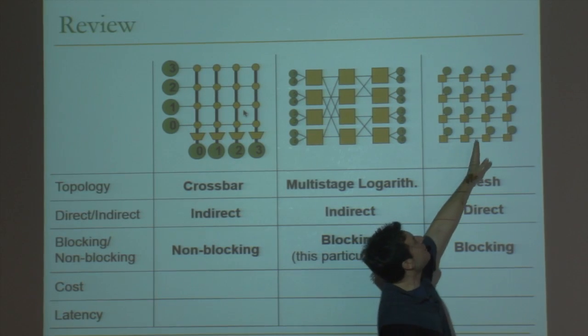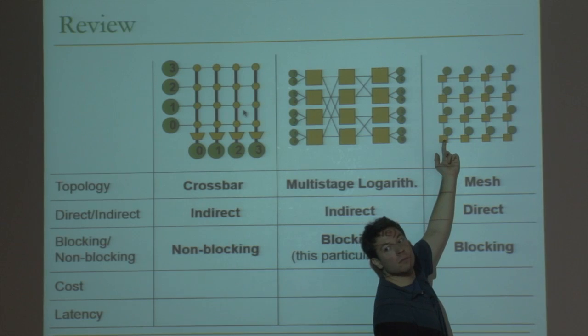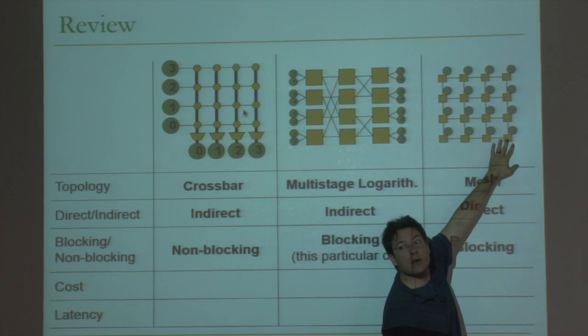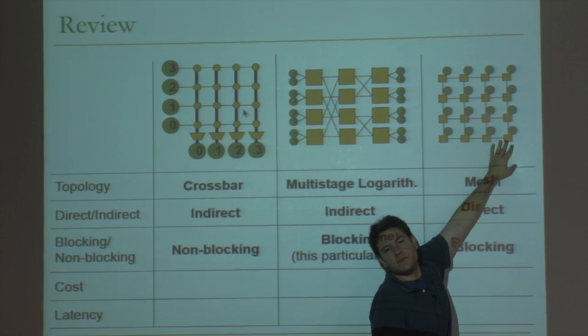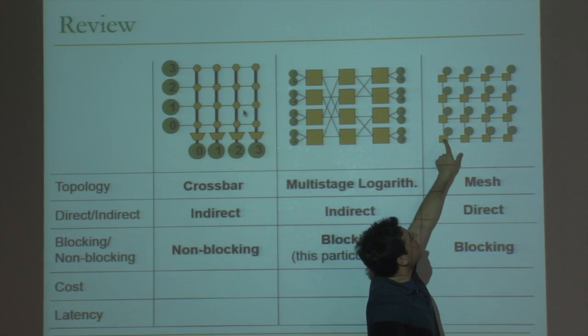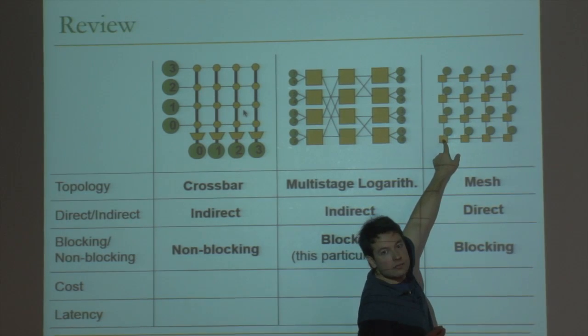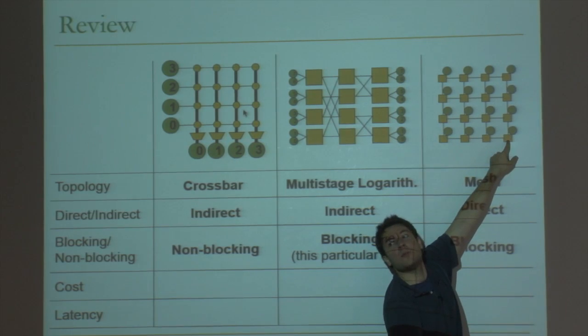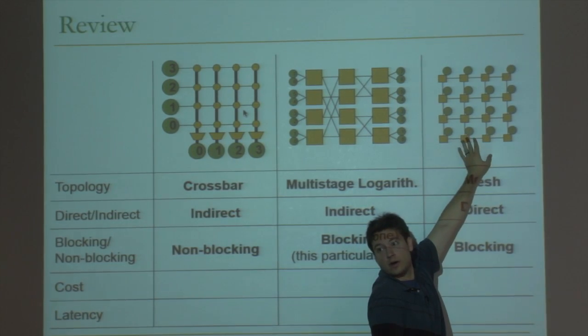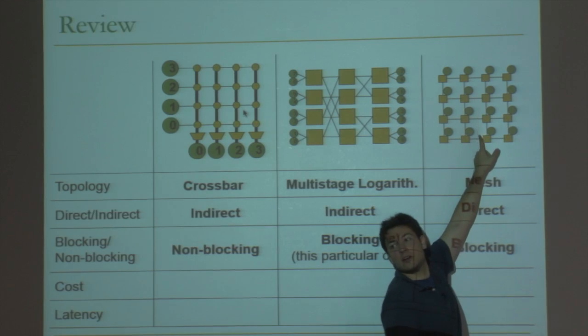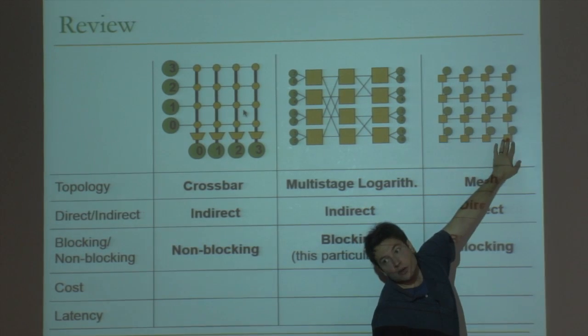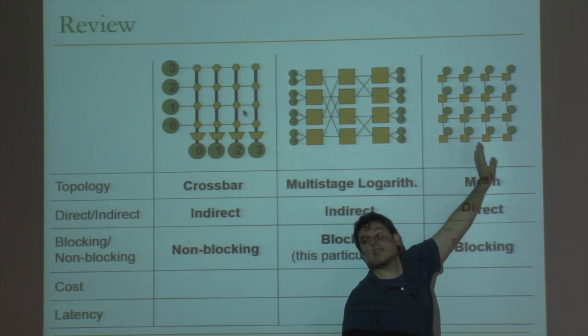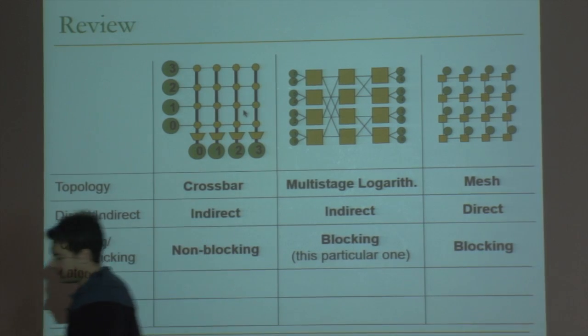If you have a mirror here, and you have every endpoint on this side talking to its equivalent on this side, that's a feasible traffic pattern. Everyone has an outgoing bandwidth of 1 and an incoming bandwidth of 1. So that should be able to work. But because you only have 4 links here, it won't. You need 8 connections going across, and you have 4 links. So this is blocking.